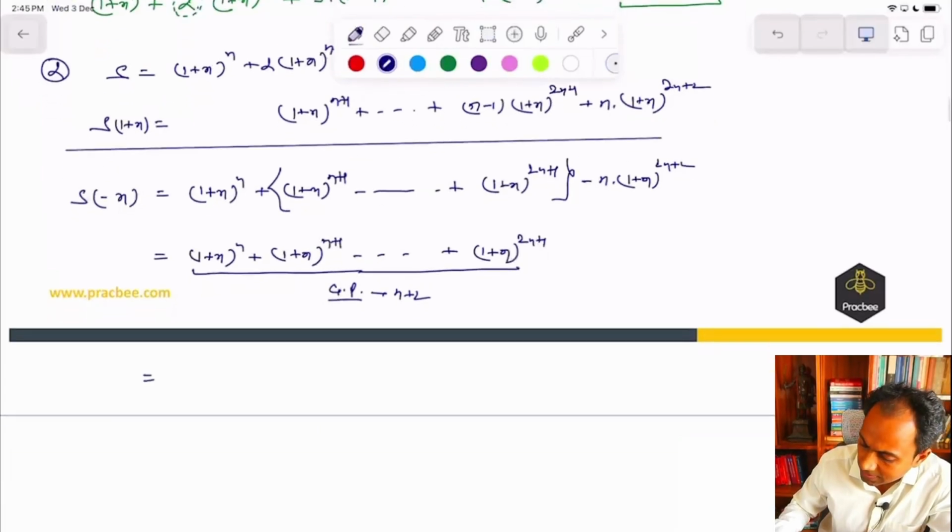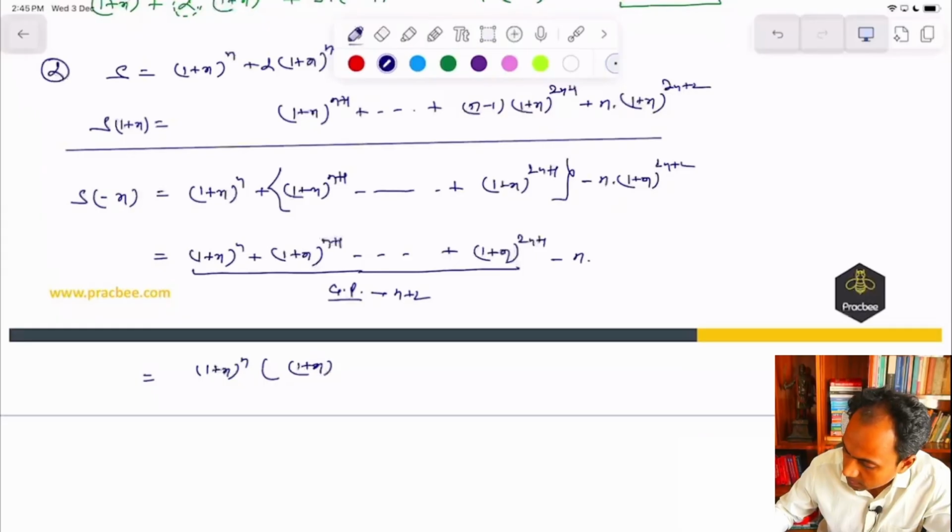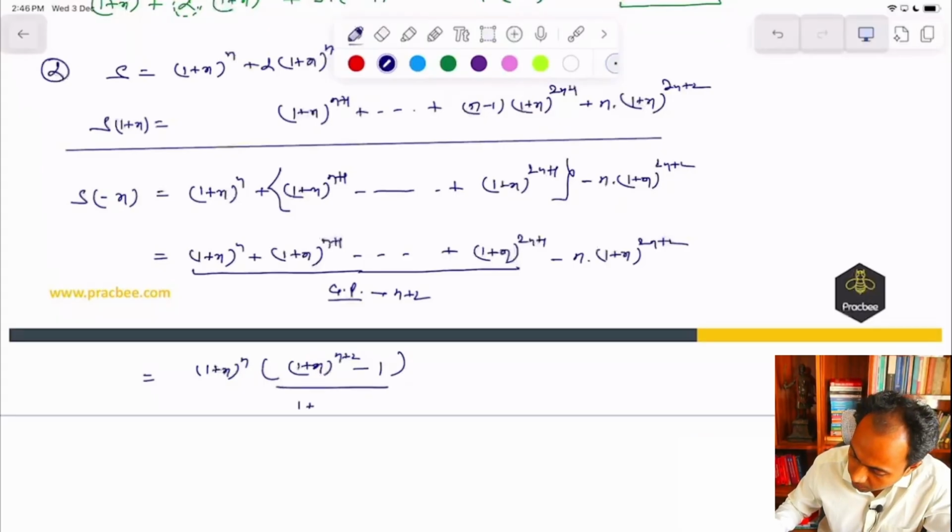So if I write the answer, let us see what it becomes. So A into R, that is 1 plus x. We forgot this term. Raised to the power total n plus 2 minus 1, by 1 plus x minus 1, minus n into 1 plus x raised to the power 2n plus 2.